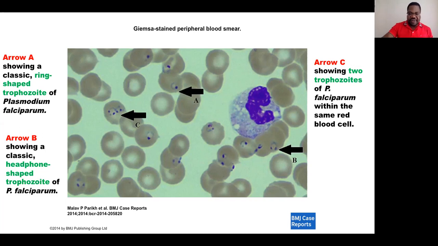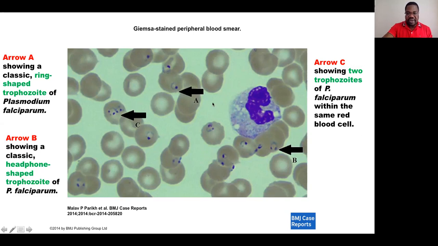So the first thing is that you will see the size of the infected red blood cells did not change. The cells did not increase in size, or the shape did not change. They look the same as the uninfected red blood cells. Then you look at the typical ring shape of Plasmodium falciparum.